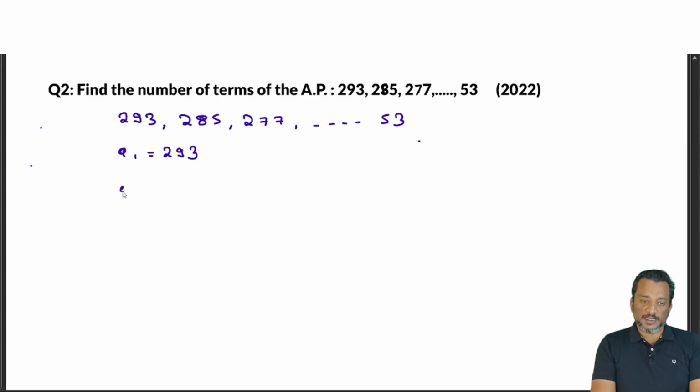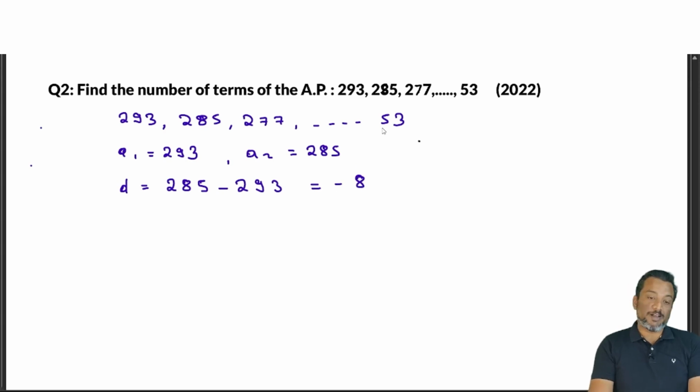Same way, D is equal to A2 minus A1, which is 285 minus 293. So how much will you get here? Minus 8.